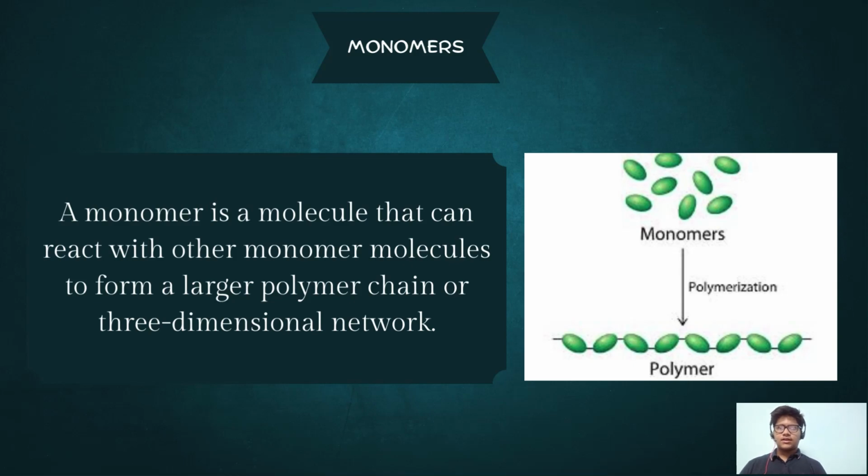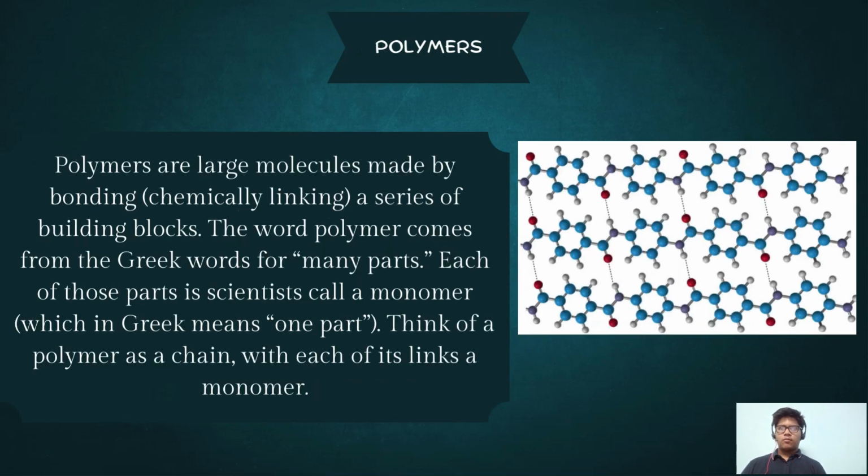So now let's understand polymers. Polymers are nothing but macromolecules which are formed by adding similar or dissimilar monomers together. Polymers are found in a body naturally, or we can make polymers through chemical reactions.